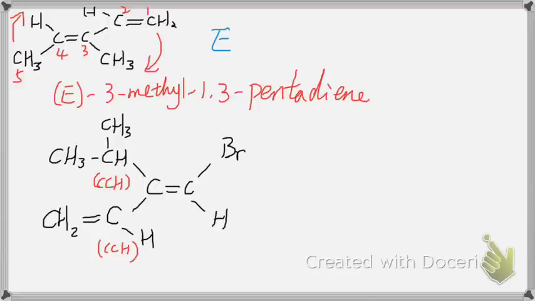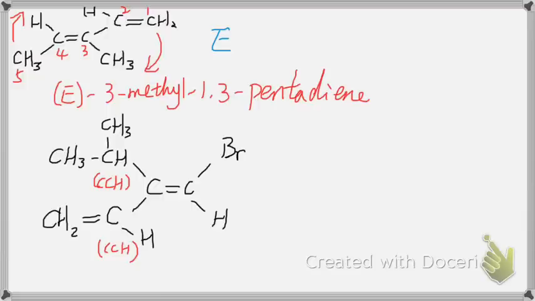The top C is attached to C, C, H. The bottom C is also attached to C, C, H. So we have identical groups. Now we need to move on to the next carbon.